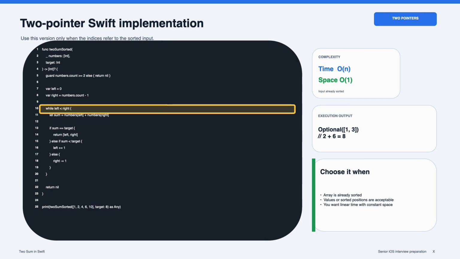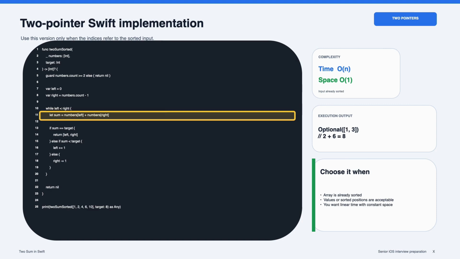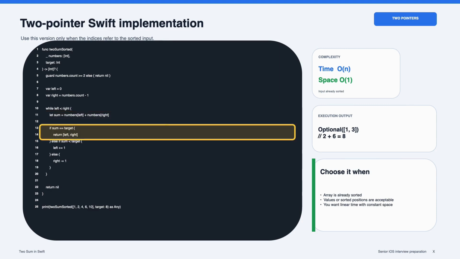Inside the loop, we calculate the current sum. Then we compare this sum with the target. When the sum matches the target, we immediately return the two indices.